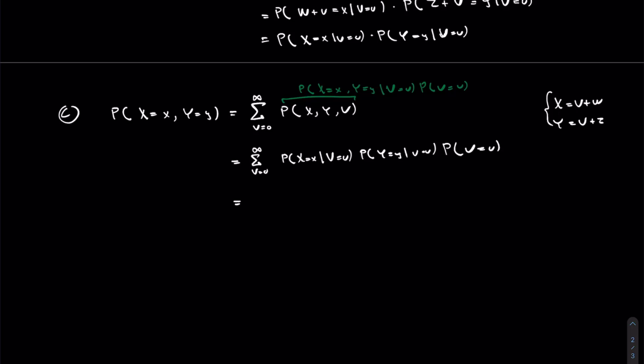So this simplifies to the sum from V equals 0 to the minimum of X and Y.